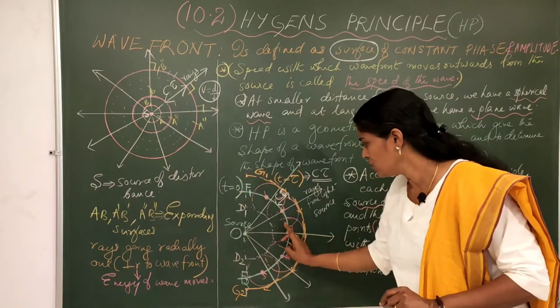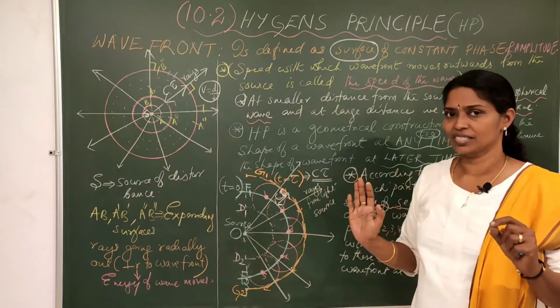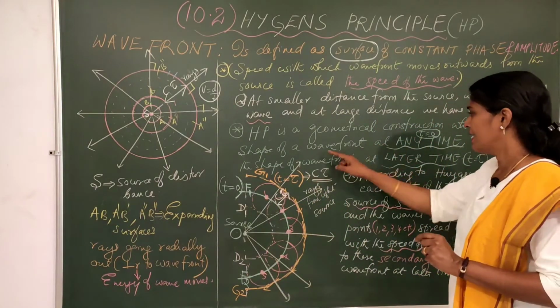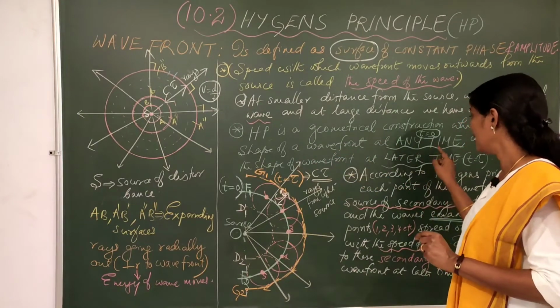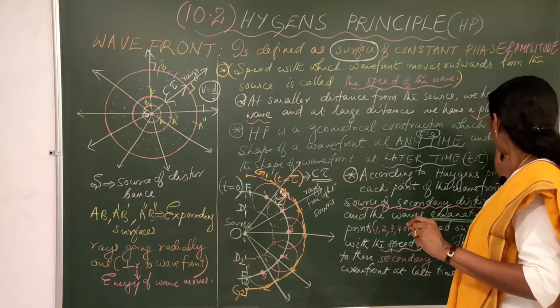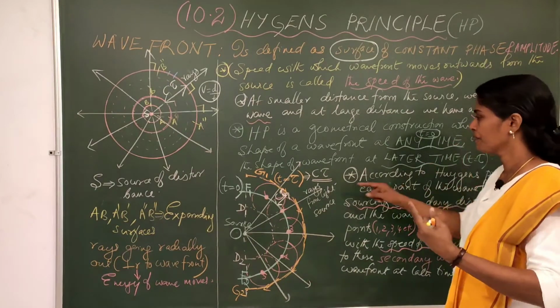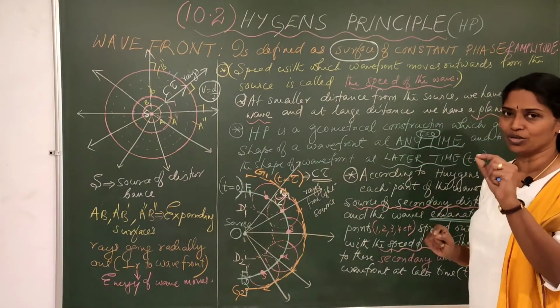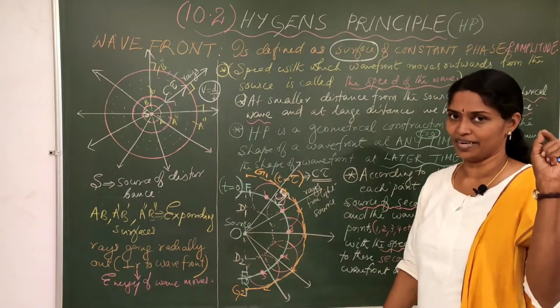Here again you have the magenta and the rays, same thing. The shape of the wavefront at any time t equal to 0, this is what we are going to define. And to determine the shape of the wavefront at a later time t equal to tau, that is what I am going to explain.